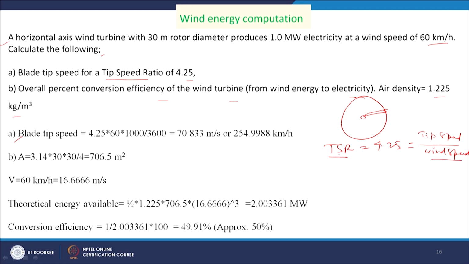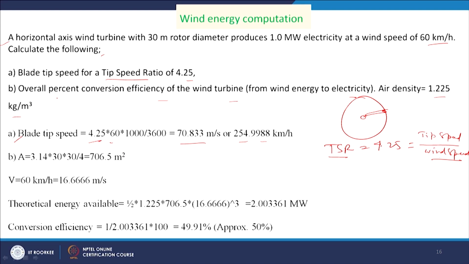Here TSR is equal to 4.25 and wind speed is equal to 60 kilometer per hour. So, 60 into 1000 meter divided by 3600 per second. So, we are getting now 70.833 meter per second. If we convert it into kilometer per hour, then it is 254.9988 kilometer per hour. So, this is our blade tip speed, the linear velocity of the blade tip we are getting.